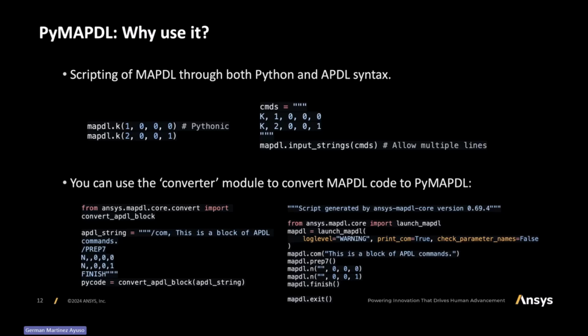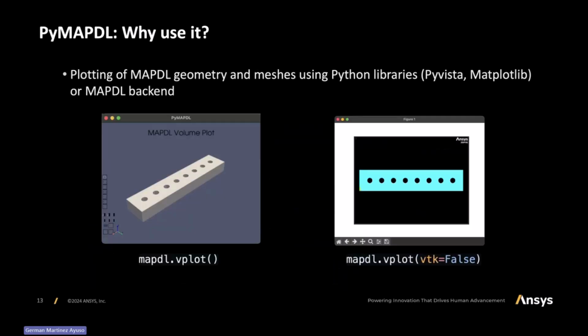which is quite convenient, also if you plan to take advantage of the new features, because there are expanded capabilities that PyMAPDL adds on top of the MAPDL solver, which, for example, could be the plotting.